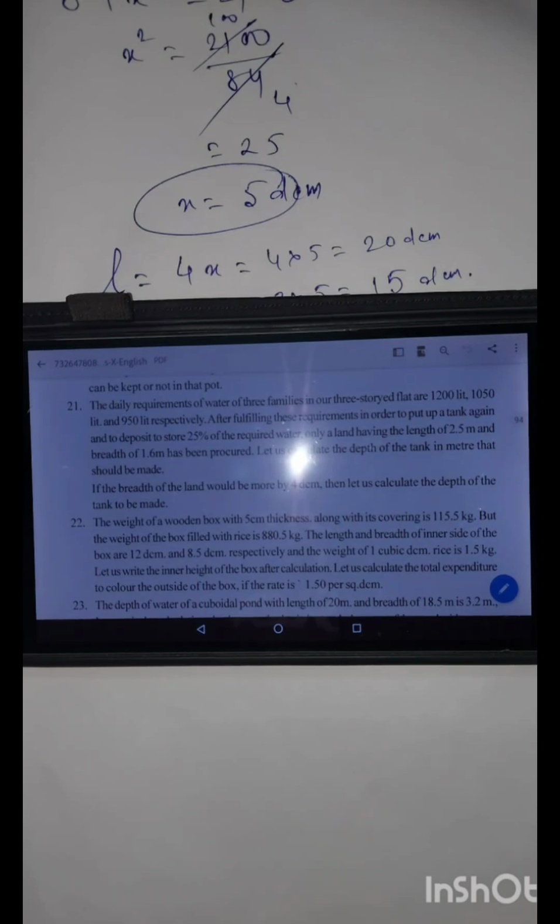After fulfilling these requirements, in order to put up a tank again and to store 25% of the required water.